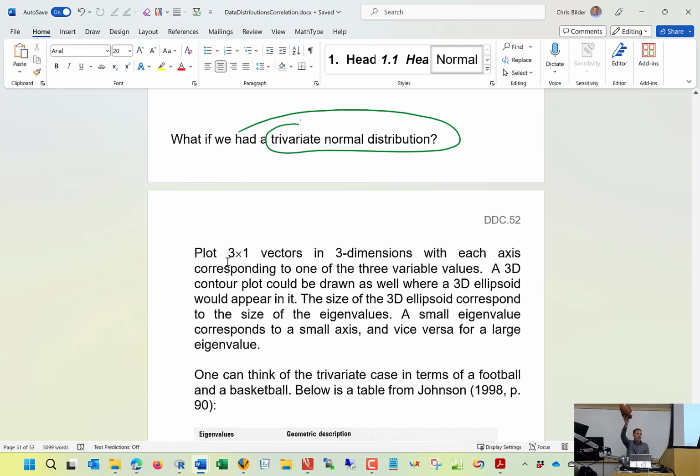So we're going to have 3 eigenvalues corresponding to this. Again, extend that 2-dimensional case to now 3-dimensional. We're going to have 3 eigenvalues. Are any of the eigenvalues going to be equal to one another, do you think? Or will they be different?